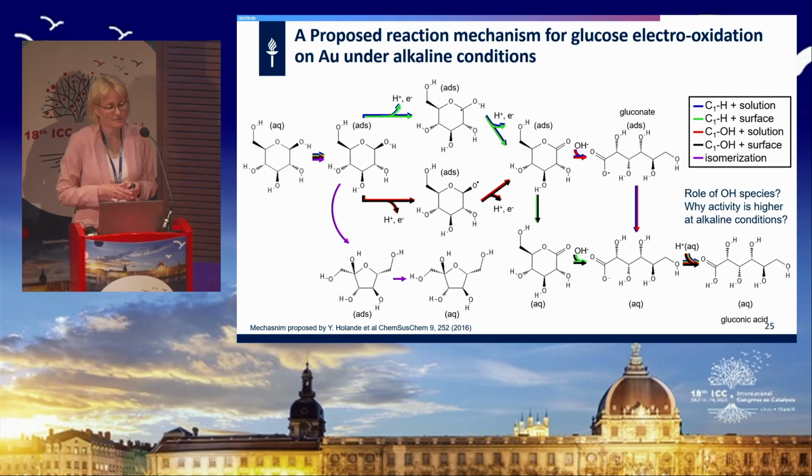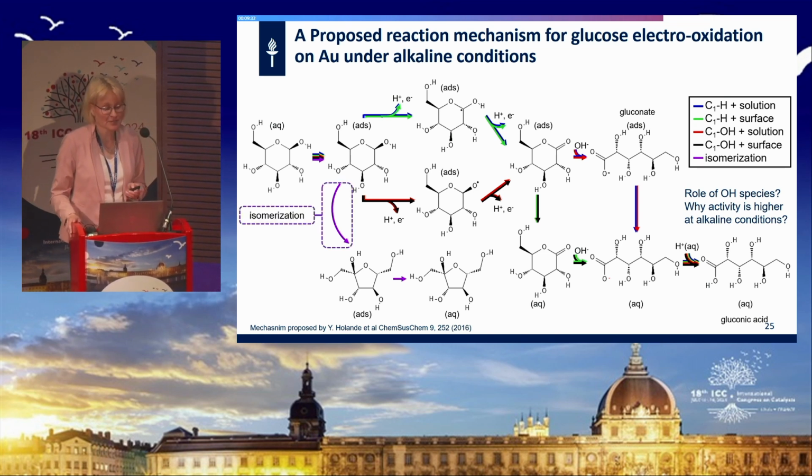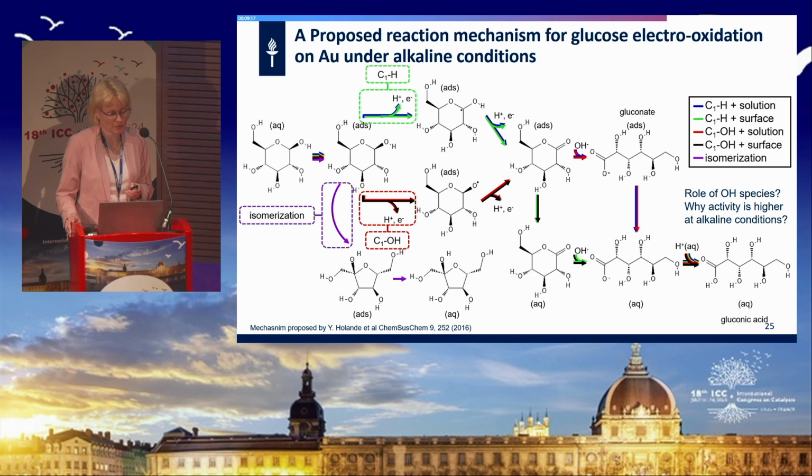This slide summarizes the proposed reaction mechanism for glucose electrooxidation, and actually the same mechanism has been proposed for xylose. So the first step is the isomerization. This is the thermodynamic step. Then you can break the carbon-hydrogen bond, or you can break the oxygen-hydrogen bond.